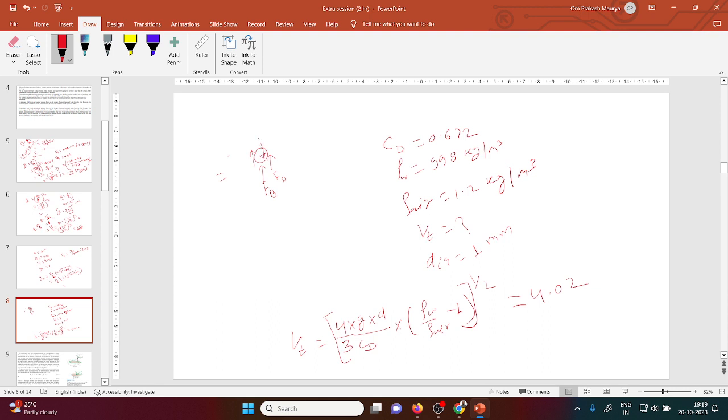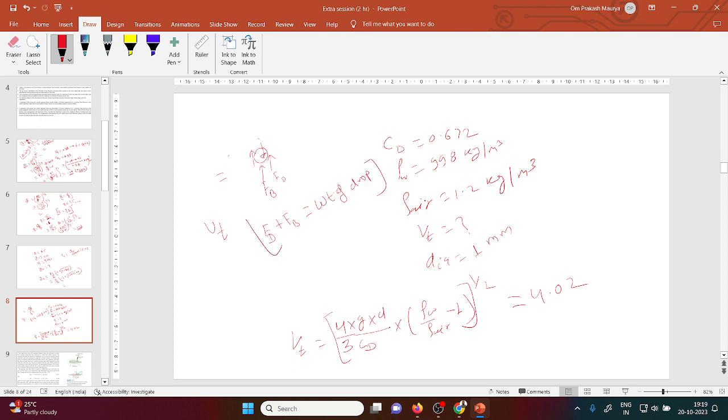So terminal velocity is when your drag force FD and FB will equal the weight of the body, or let's suppose the particle or drop.